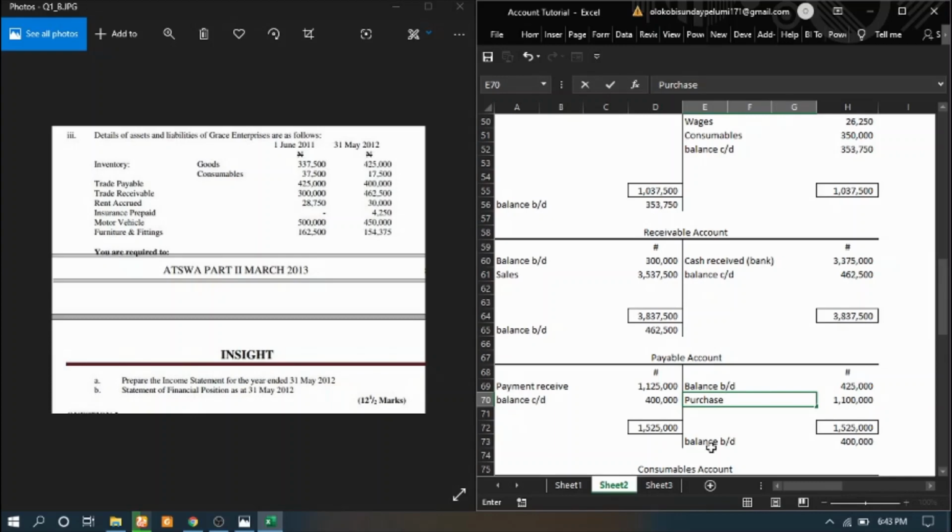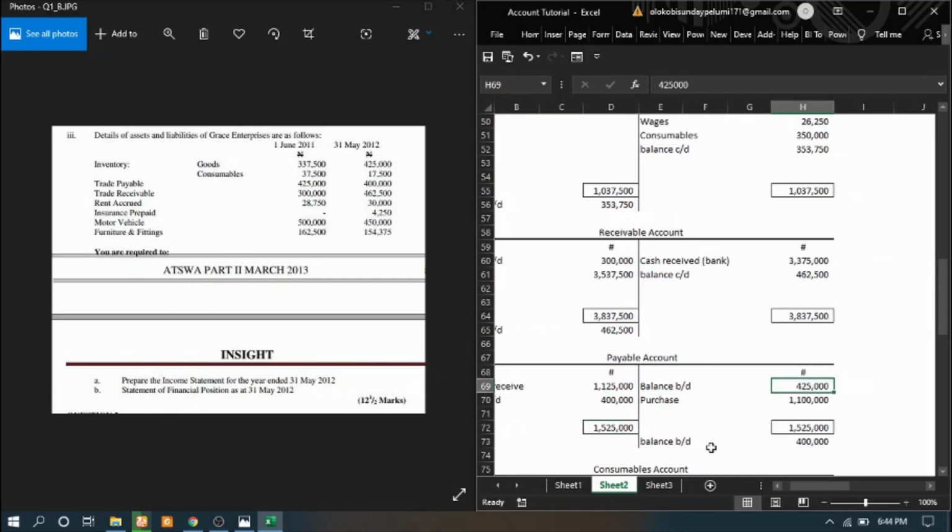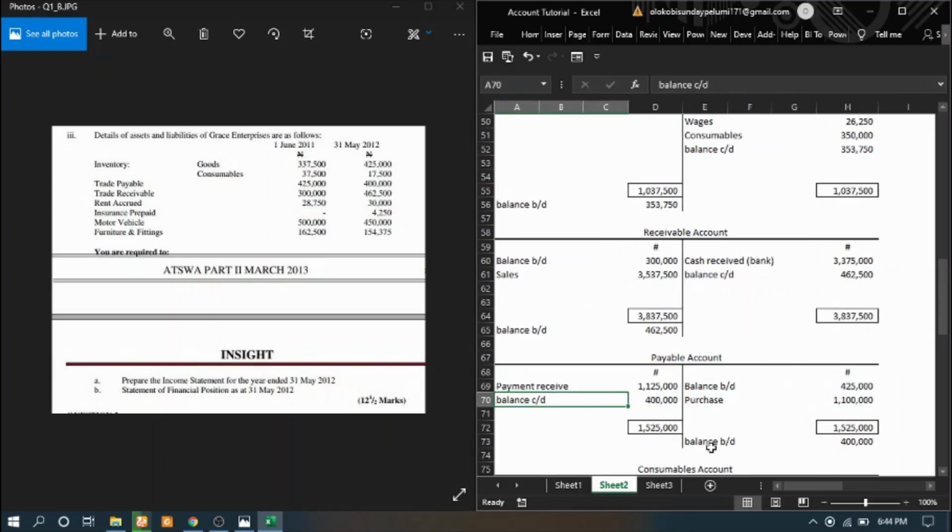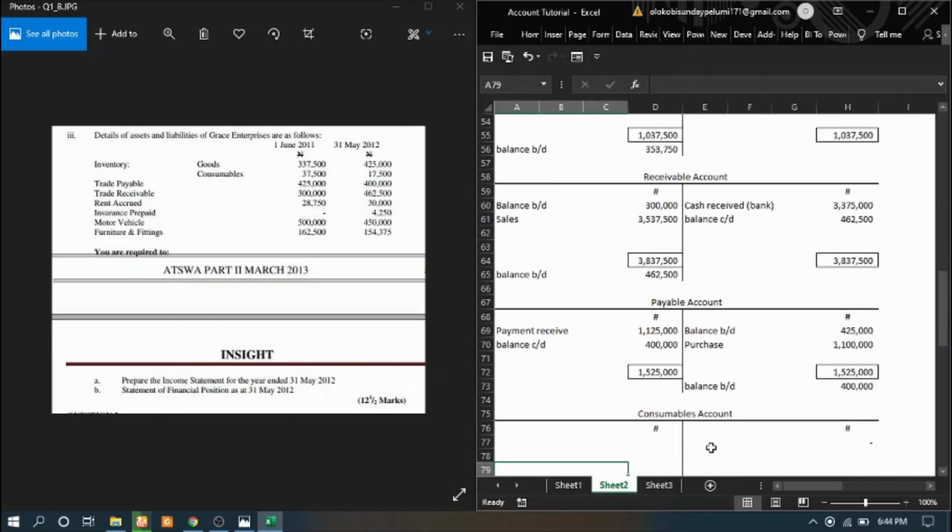Isaiah has done that for me already. Credit purchases. So how does one calculate this? You sum together the payments made to them and the amounts we are owing them at the end of the period, and subtract the amounts we owed them at the beginning, to get the amount of goods we have bought from them on credit during the period. Alright, so that's payables. We have our purchases already.